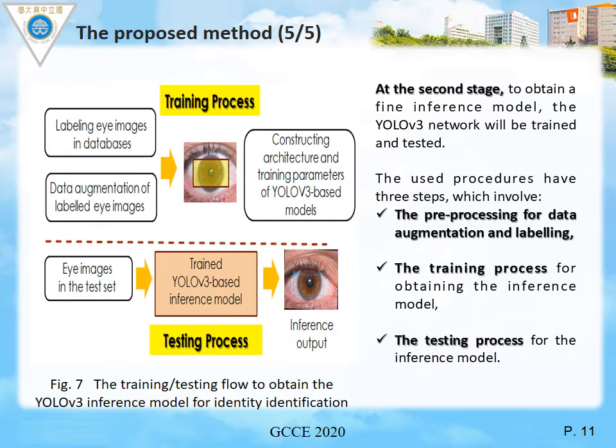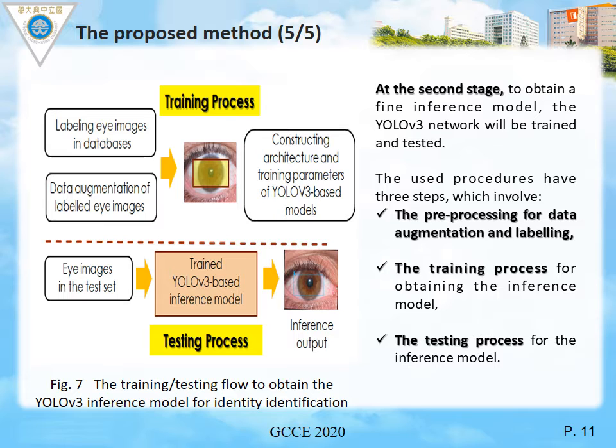In this slide, Figure 7 shows the training and the testing flow to obtain the YOLOv3 inference model for identity identifications. At the second stage, to obtain a fine inference model, the YOLOv3 network will be trained and tested.